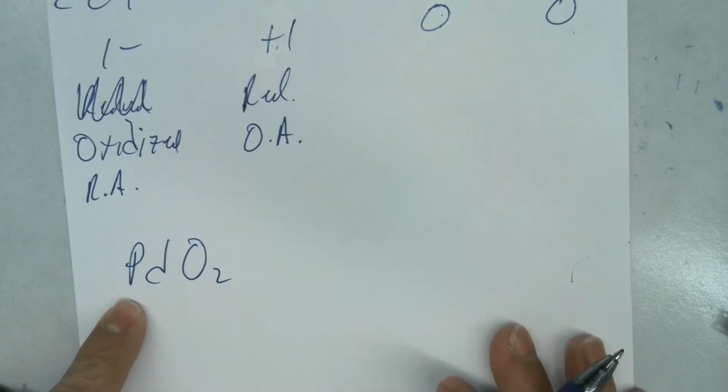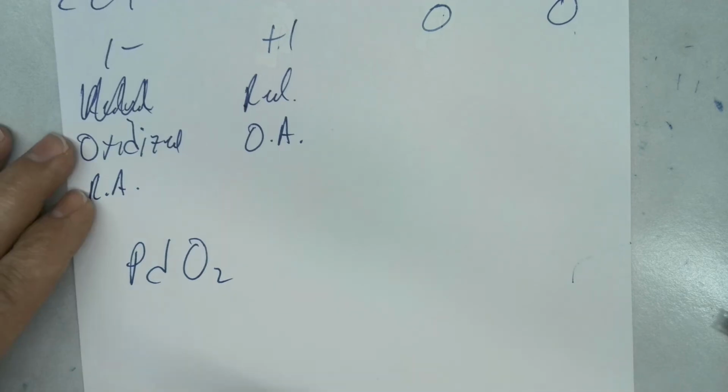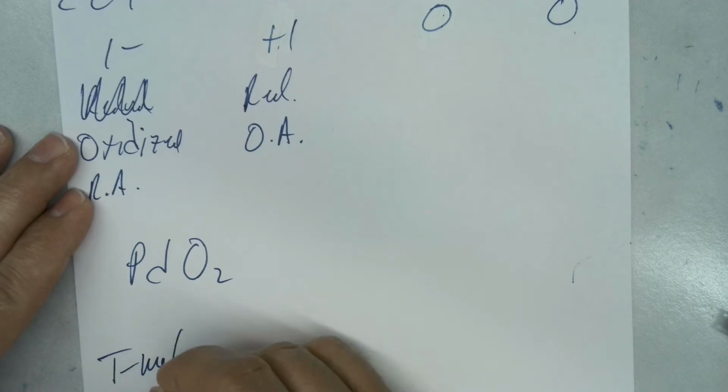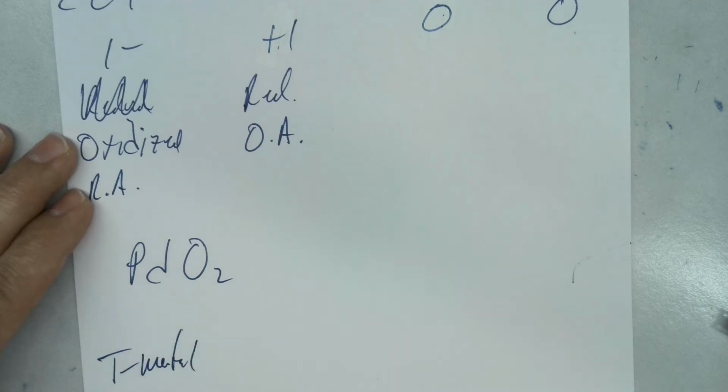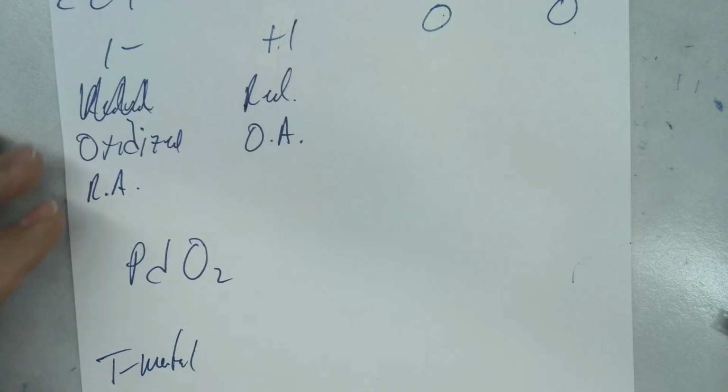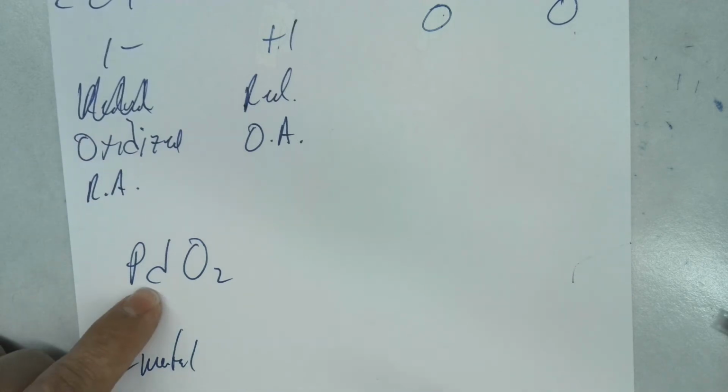First off, where do I know palladium is? Anybody know where palladium is? Not a transition metal though. It's a t-metal, right? The minute I see that it's a t-metal, I think that it's probably going to have more than one oxidation state, which means when I name it, it's probably going to have a Roman numeral, right? Now I just got to figure out what that Roman numeral is.